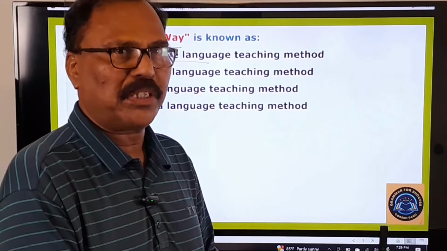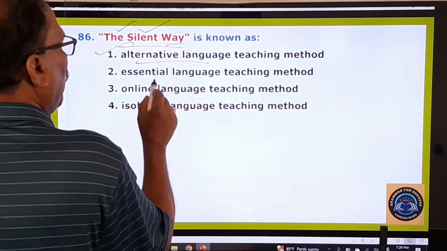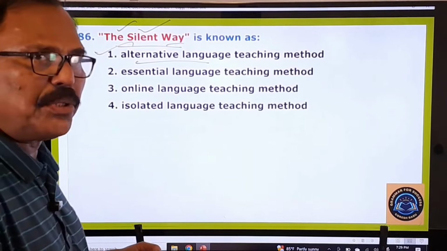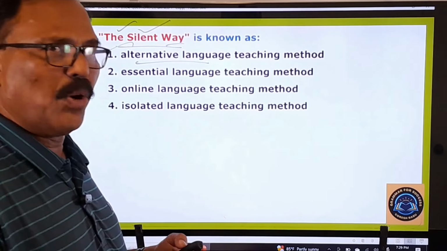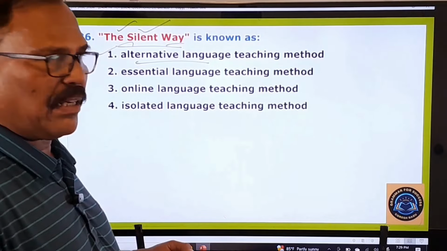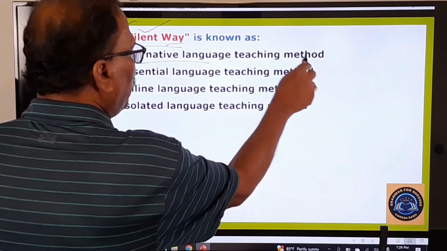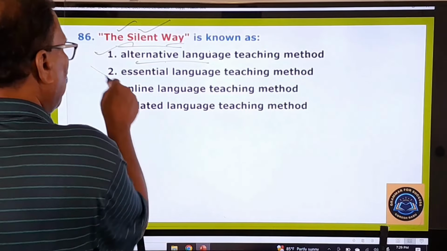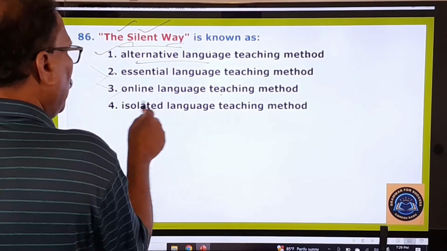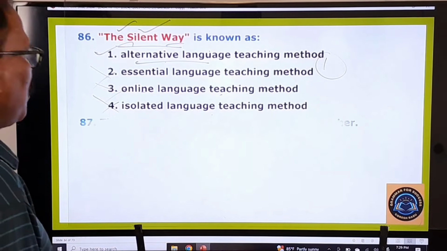That is the important point. So this method is called the silent way. Okay, and it was introduced by Caleb Gattegno, very well. Yesterday in that video I made it clear, right? And here this is what, an alternative language teaching method. It's not an essential language teaching method, online language teaching method, isolated language teaching. No, only the first one is the right one. And you move on to other questions.